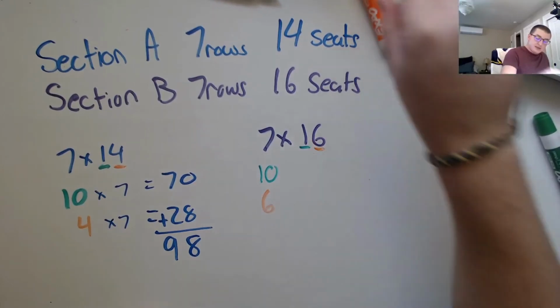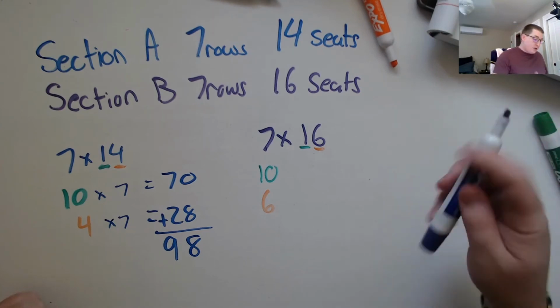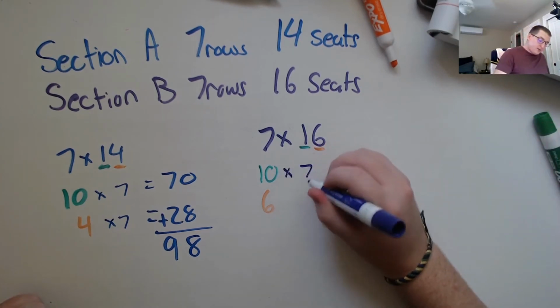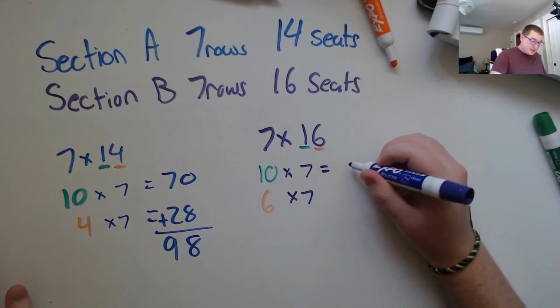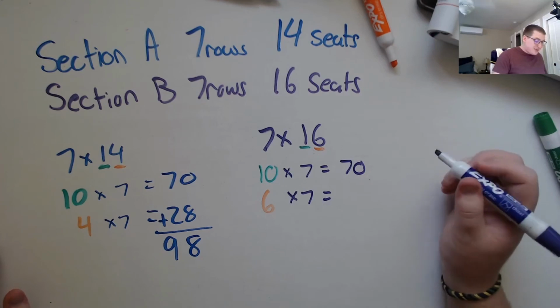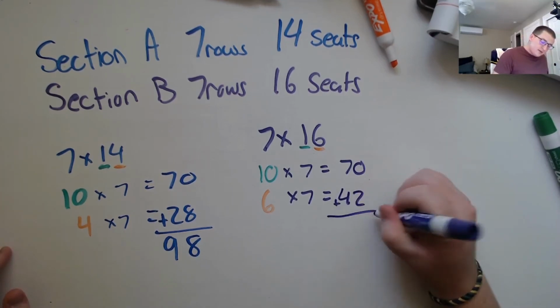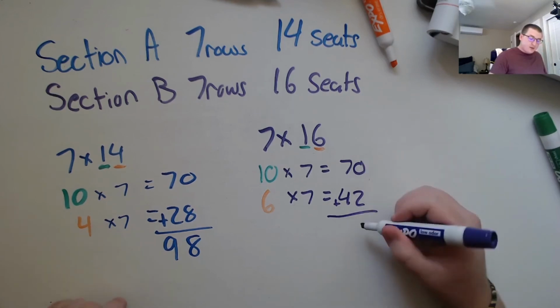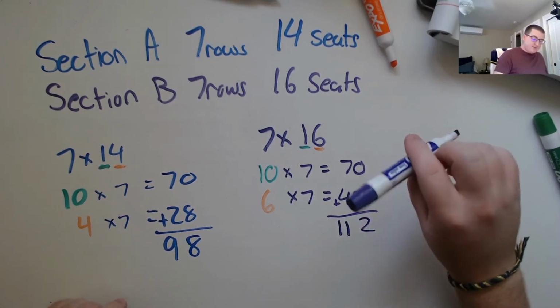That's going to be 6. It all has to do with place value. And then now we're going to solve these. So 10 times 7 and 6 times 7. 10 times 7 is still equal to 70, so no change there. But 6 times 7 is equal to 42, so a little bit different there than the other side. So we have 0 plus 2 is 2, 7 plus 4 is 11.